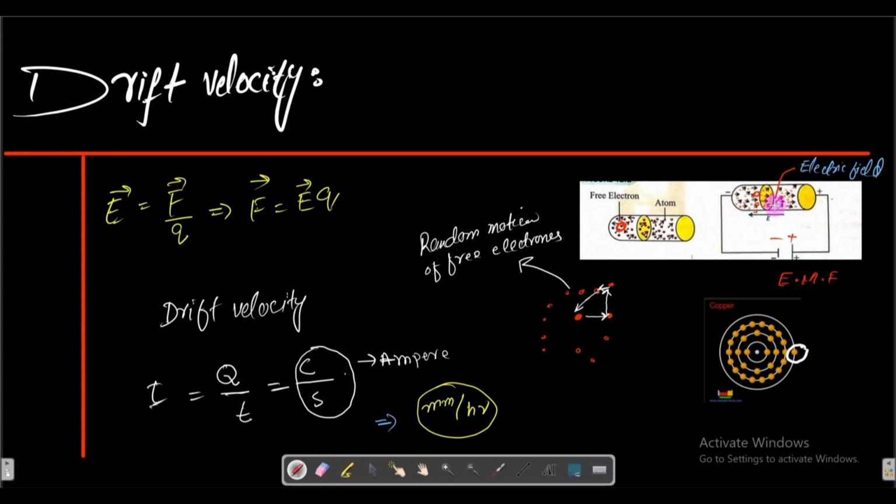The electric field is exerted at each and every point of this metallic strip, and due to that same electric field everywhere inside this metallic strip, the energy will quickly transfer from one end to the other end. And the second possible reason is the Domino effect.